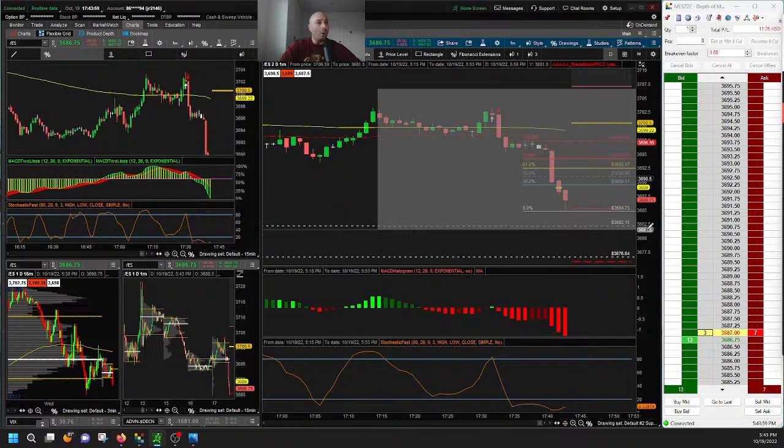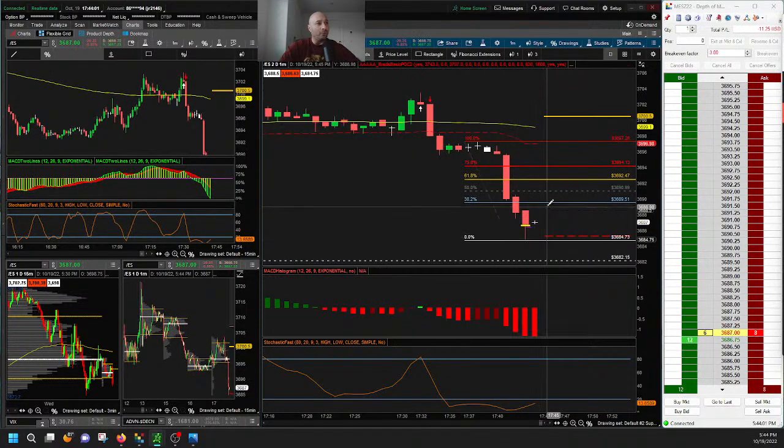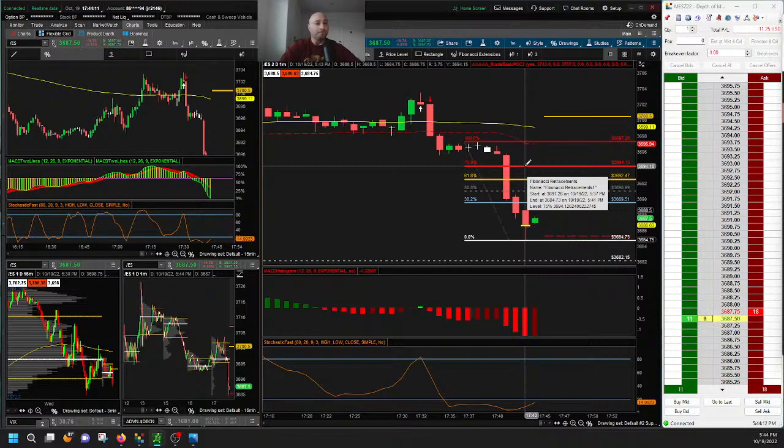So I kind of want to watch for this waterfall to break up, come up. I would probably lean on this, probably up around this 75 level.